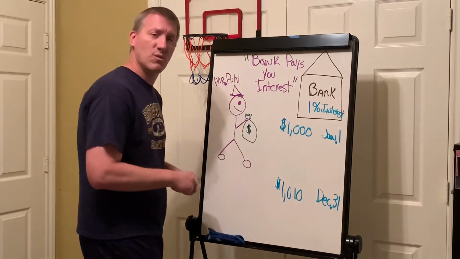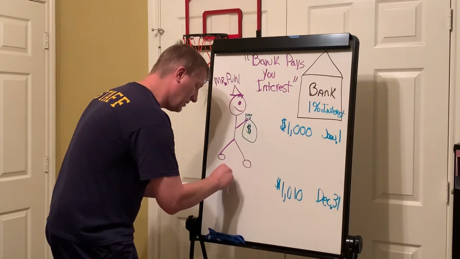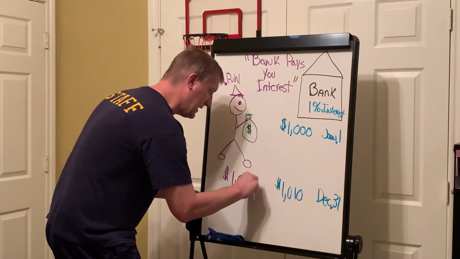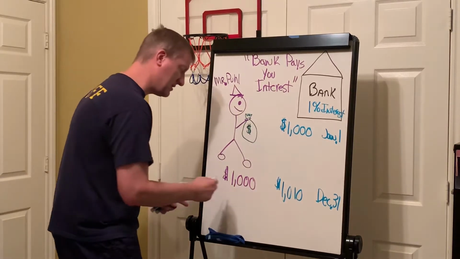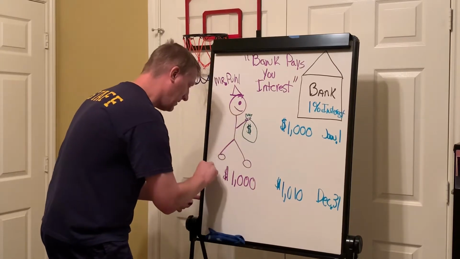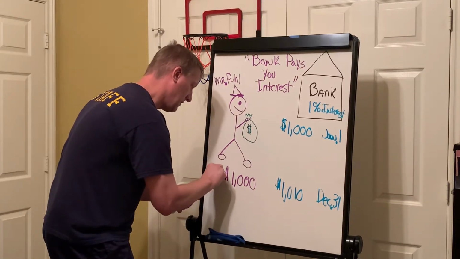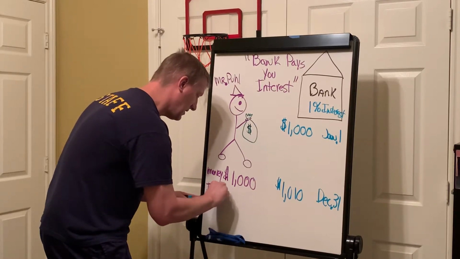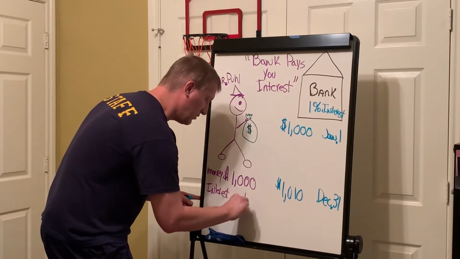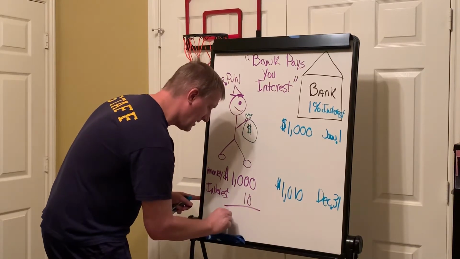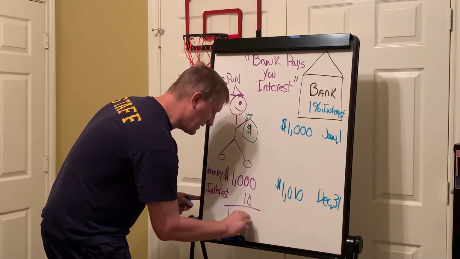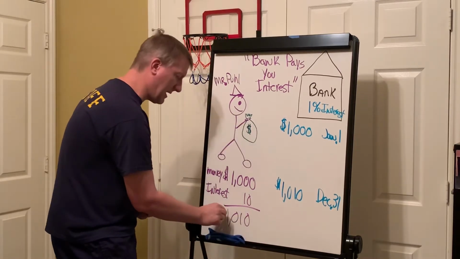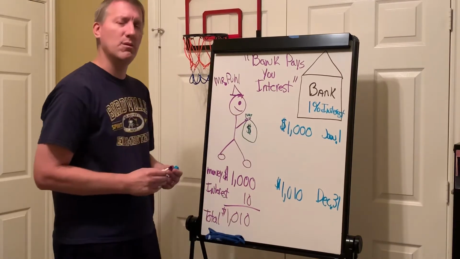So this is what it would look like. I would get my $1,000, that's my money. Then I would get interest, which would be $10. So the total I would get would be $1,010.